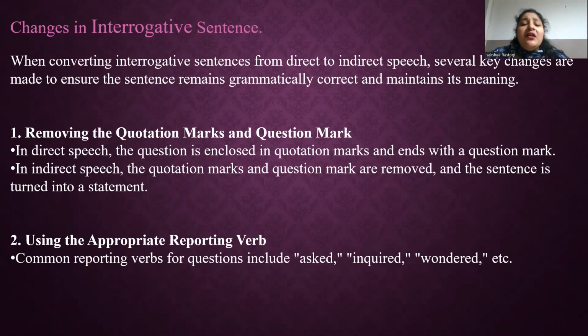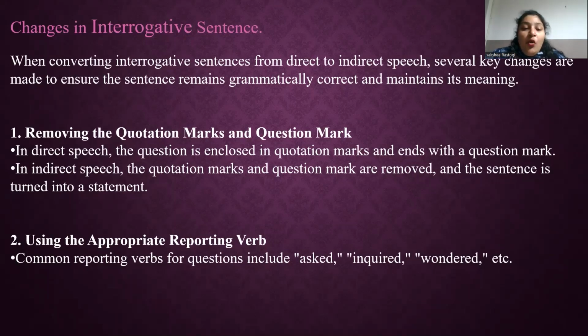Using the appropriate reporting verb: instead of using say or said, which are commonly used for statements, we use reporting verbs that indicate a question is being asked, such as ask, asked, inquire, inquired, want to know, wonder. I have an example. Direct speech: "What is your name?"